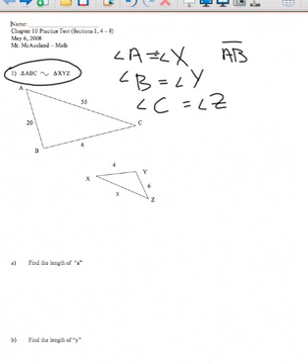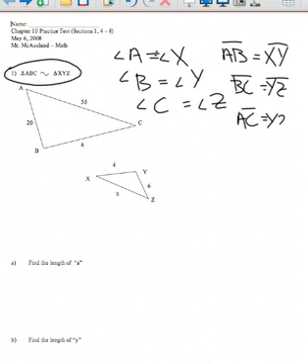AB is equal to XY. BC is equal to YZ. And AC is equal to XZ.